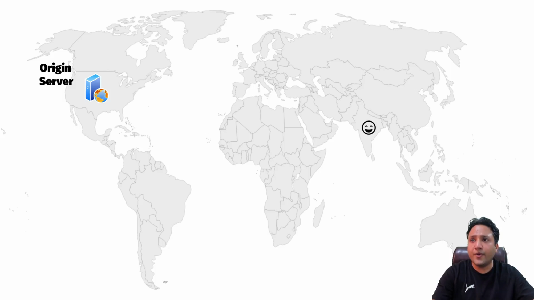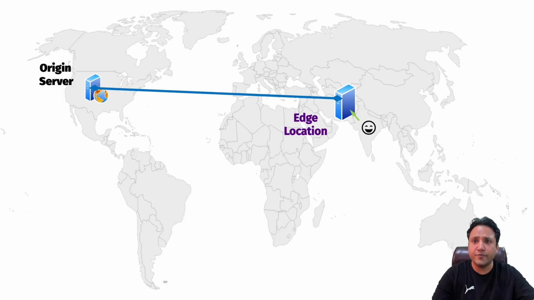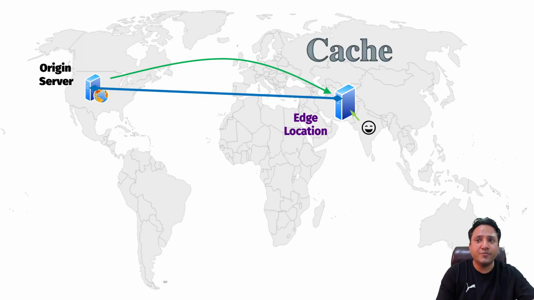When the user wants to access a particular website or web application, the first request goes to the edge location, and there is a dedicated internet line between the edge location and the origin server. Once the request reaches the origin server, it sends the response back to the edge location server. Once the data reaches the edge location, depending on the configuration, the data may get cached, and once the data is cached, the request is served to the end user.